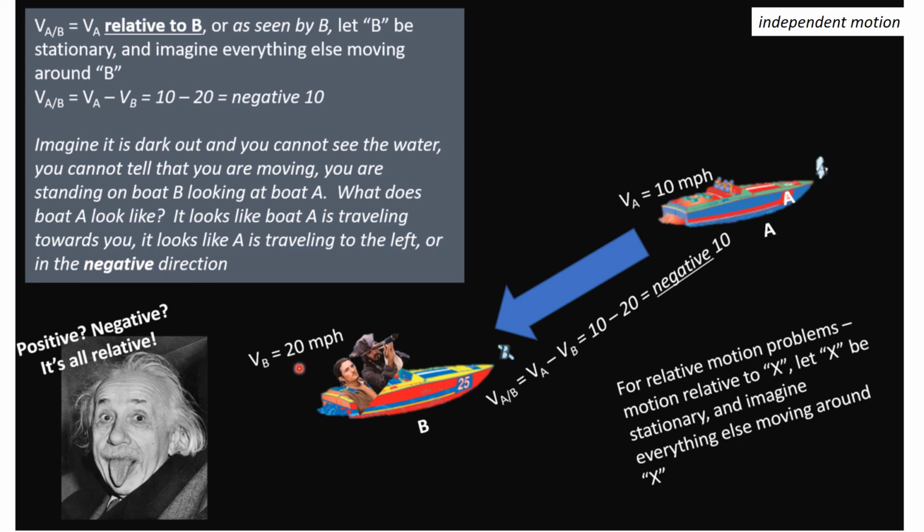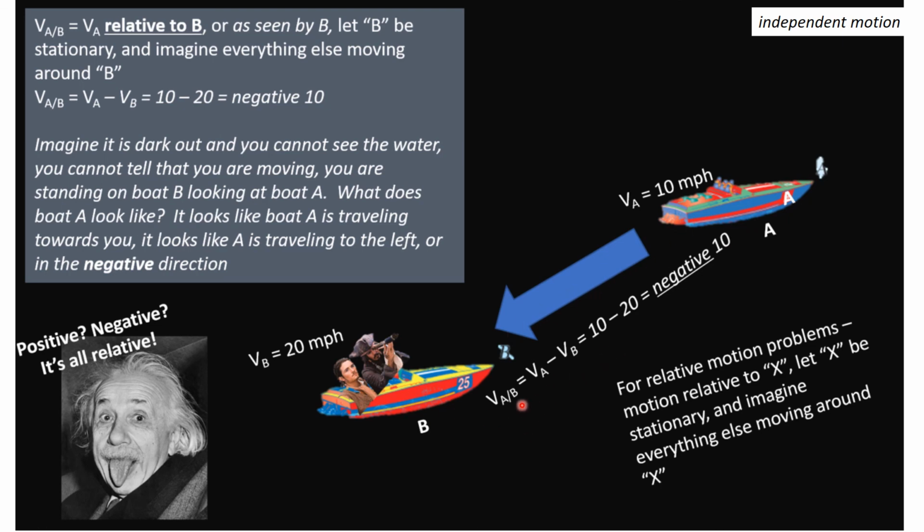If you're in outer space, you pretend B is stationary and the whole universe is moving around B. So it would look like A is getting closer to you. The relative velocity from B's perspective would be A moving backwards, in the negative direction.